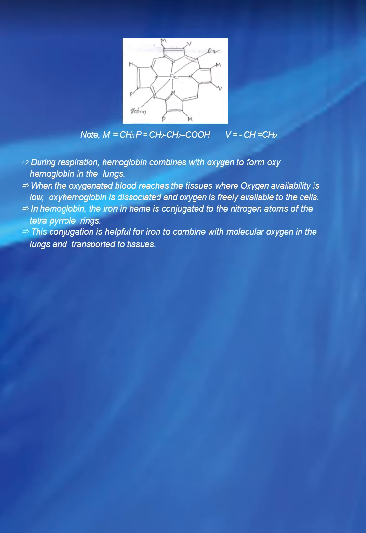In both oxidized and reduced forms of hemoglobin, iron remains in +2, and in hemoglobin, the iron in heme is conjugated to the nitrogen atom of the amino acid histidine within the protein globin.